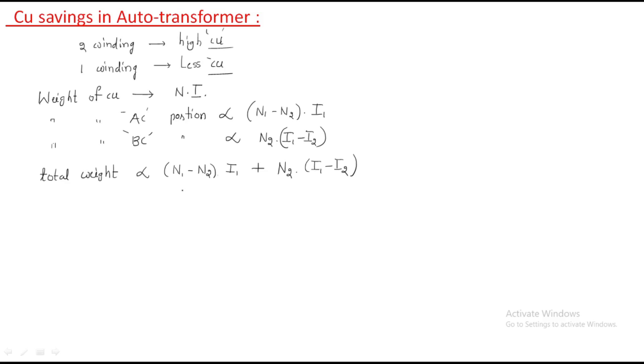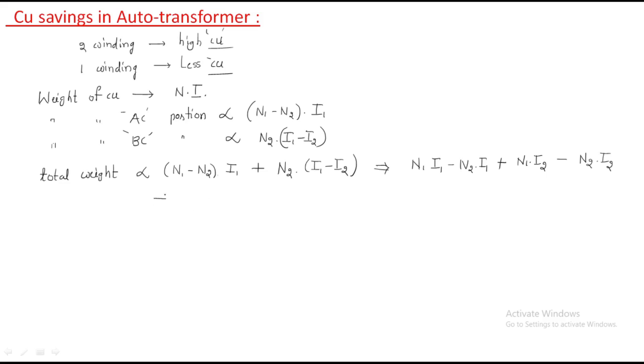By doing the calculation, finally we will get, just expand it. By doing the expansion we will get N1 I1 minus N2 I1 minus N2 I1 plus N1 I2 minus N2 I2. Generally N1 I1 is nothing but N2 I2. Both are the same because the voltage is the same.